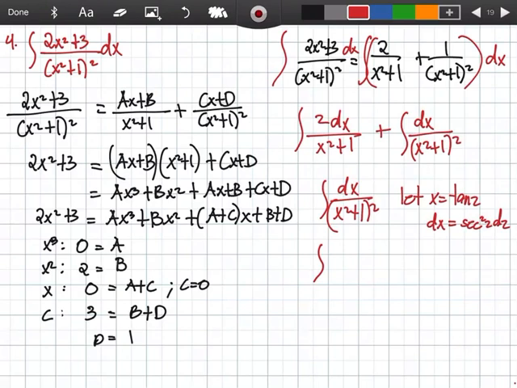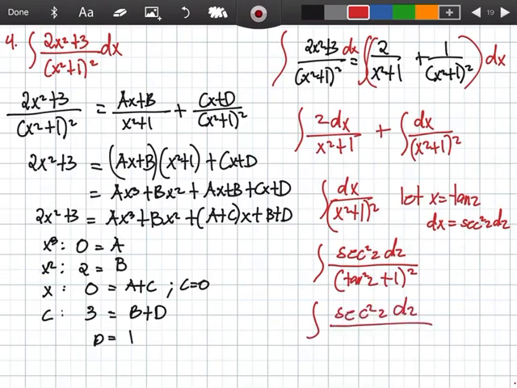Since x is tan z, x squared plus 1 squared becomes tan squared z plus 1 squared. What is tan squared plus 1? That is secant squared z, squared, right?